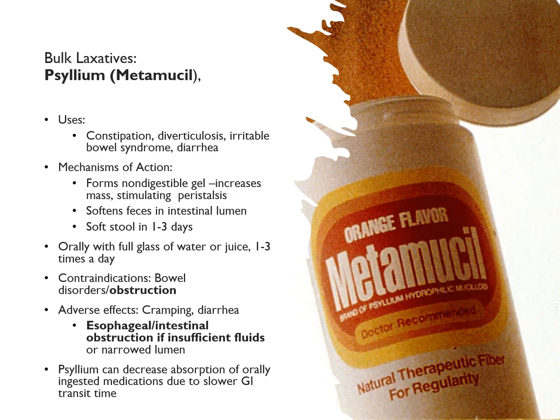The key here is it needs to be taken with a full glass of water or juice, at least 8 ounces, to prevent esophageal or intestinal obstruction. It's very important that we teach that to our patients. In addition, we need to separate this medication from any other medications that are going to be given by 1 to 2 hours.